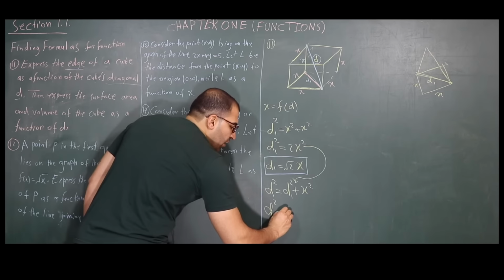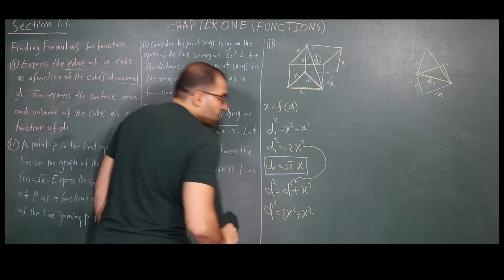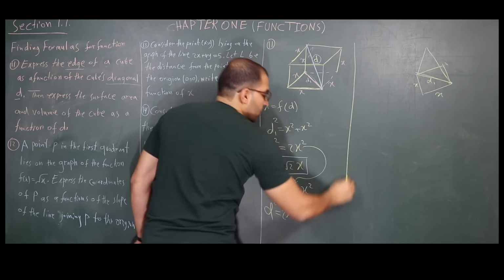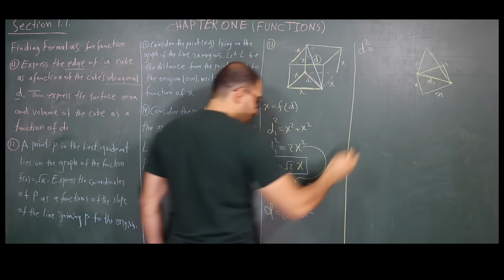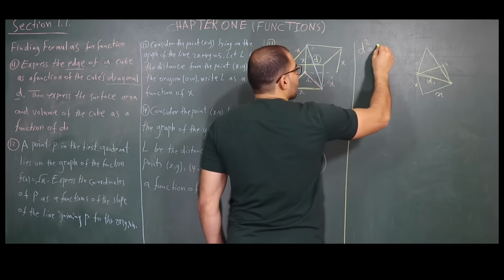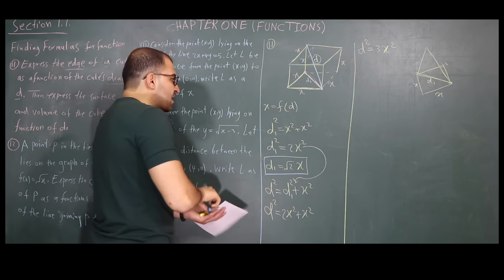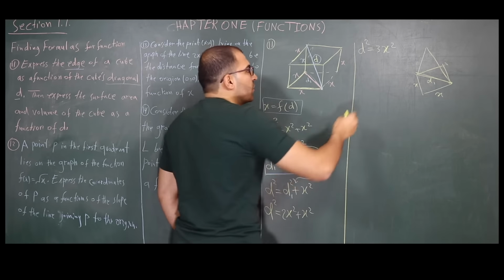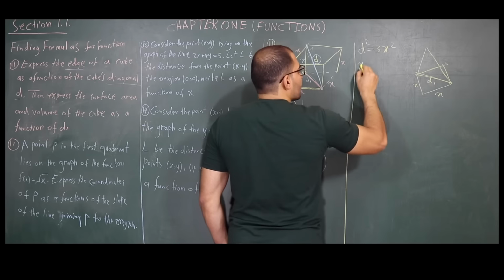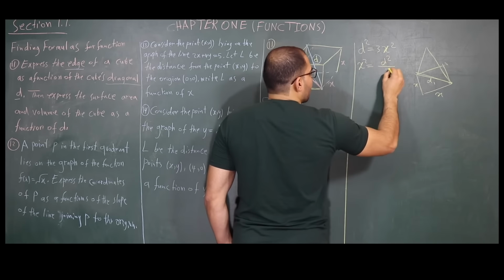We have 2x squared plus x squared, so d squared equals 3x squared. He wants me to express x as a function of d, so I divide by 3: x squared equals d squared divided by 3.